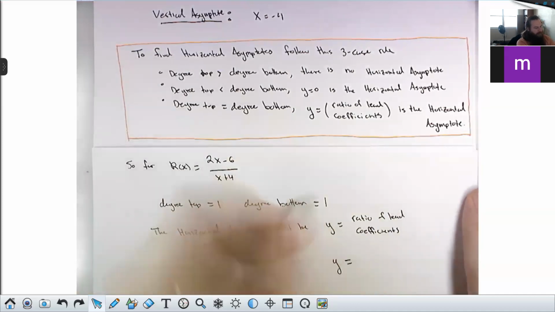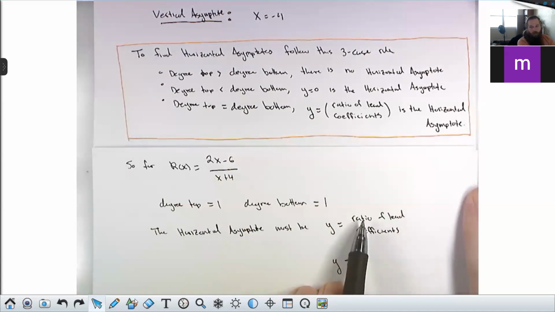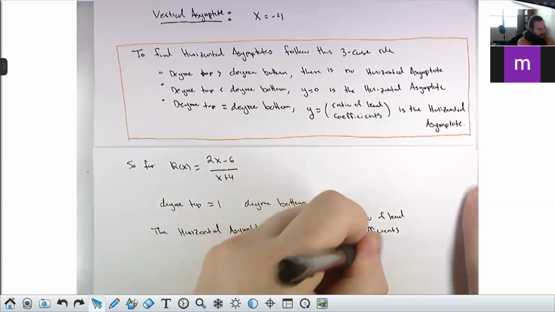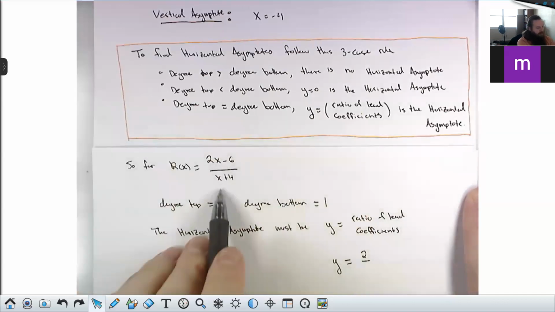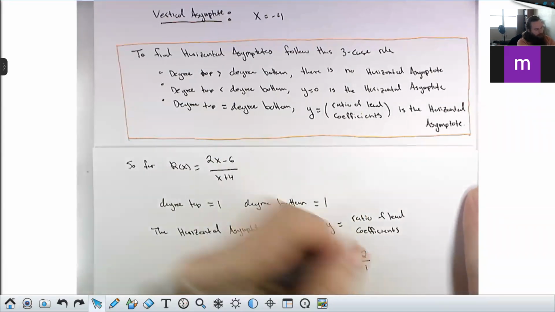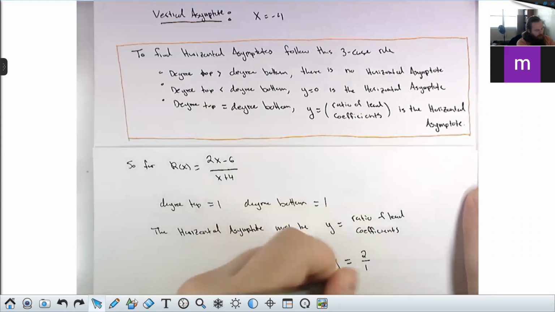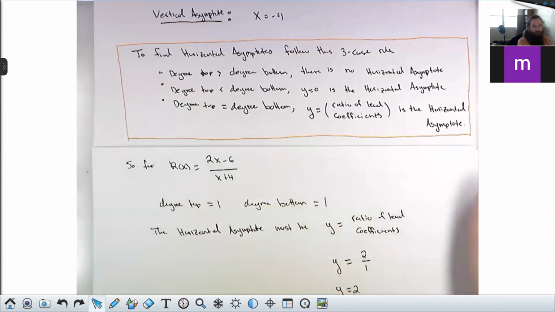So what do we mean by ratio? We mean the fraction formed out of the lead coefficients. So the lead coefficient upstairs is 2, and the lead coefficient downstairs, the coefficient of x here, is 1. So that's just y equals 2, and that's how I found that.